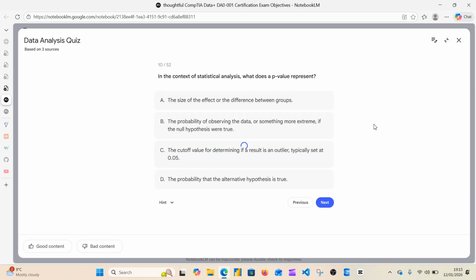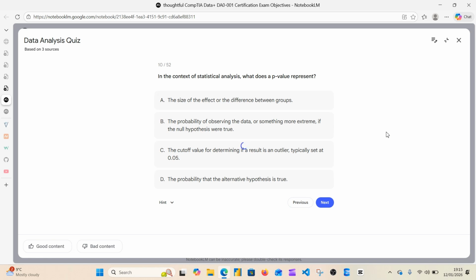Last one, I promise. In the context of statistical analysis, what does a p-value represent? Let me see. A, the size of the effect or the difference between groups. B, the probability of observing the data, or something more extreme, if the null hypothesis were true.